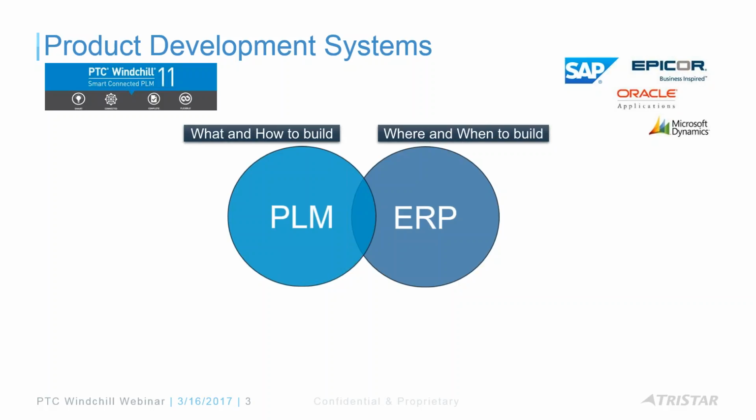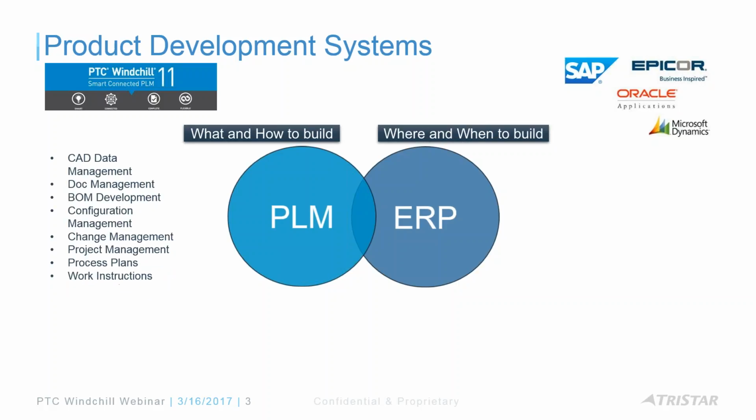In the future they may consolidate, but today PLM maintains the what and how to build a product or a component for a project, and then ERP systems maintain the scheduling, the costing, the resources required to determine where and when to build that component.